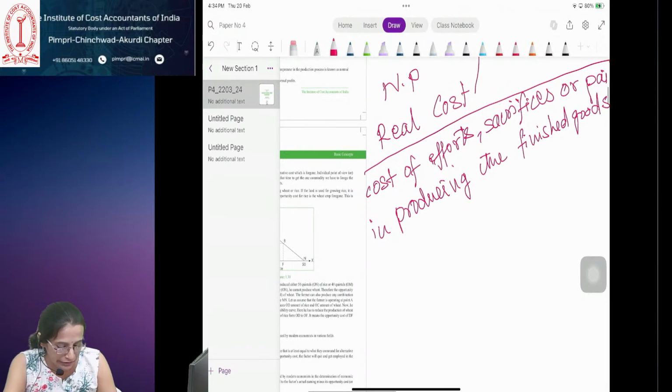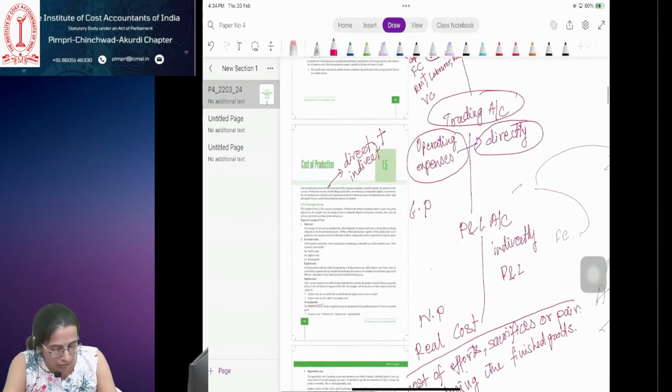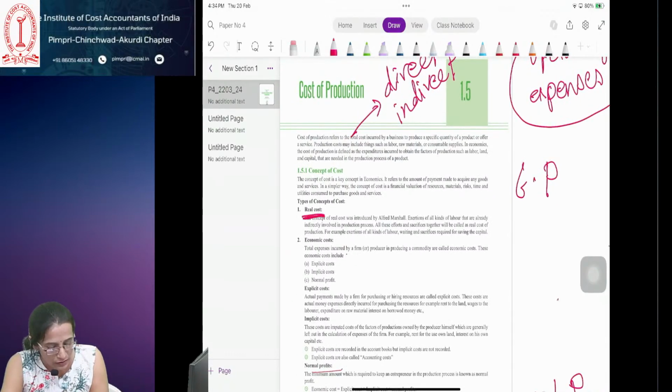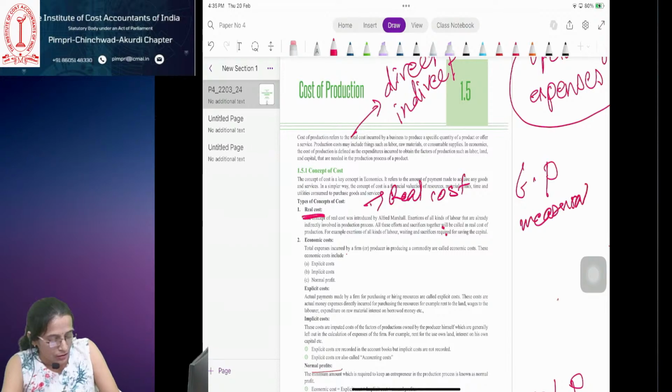So we will see what they are saying here about real cost. The concept of real cost was introduced by Alfred Marshall. Exertion of all kinds of labor that are directly or indirectly involved in the production process. All these efforts and sacrifices together will be called the real cost of production. For example, exertion of all kinds of labor, waiting and sacrifices required for saving the capital. But real cost is not measurable.